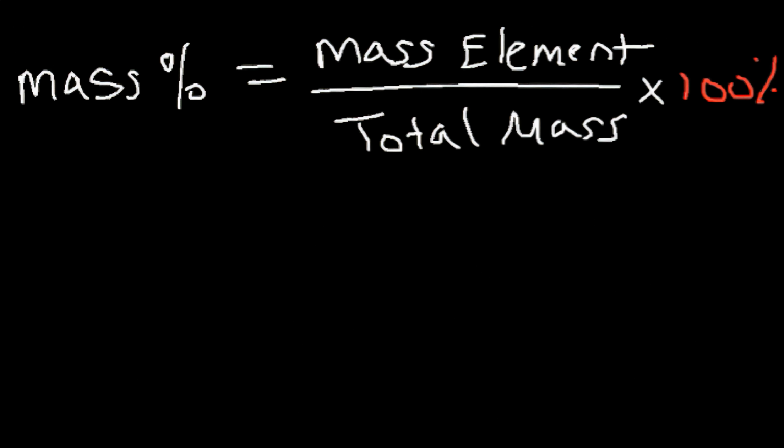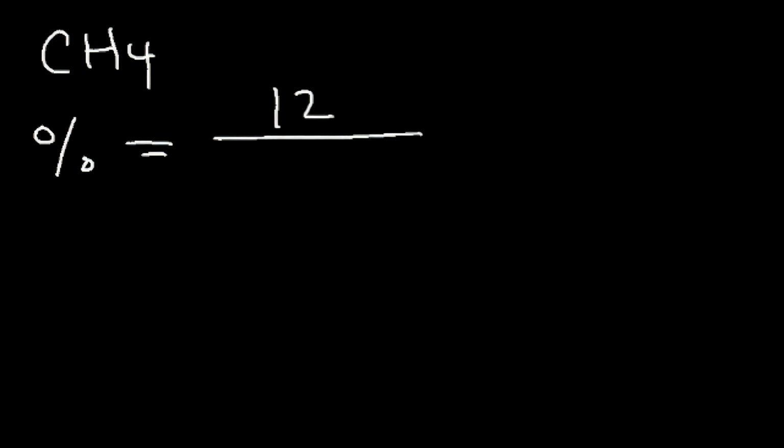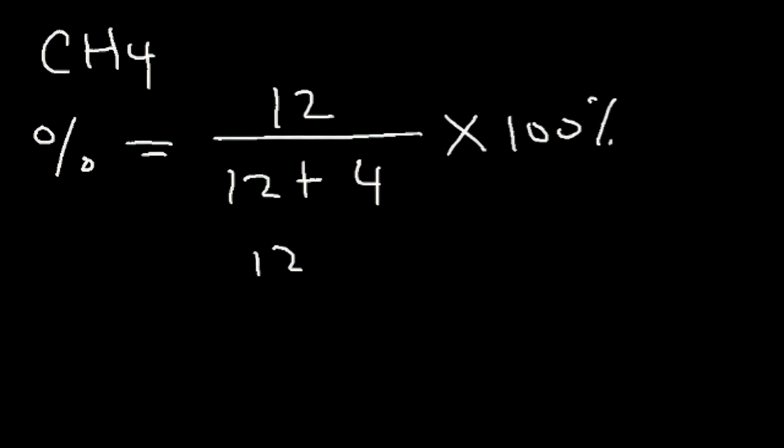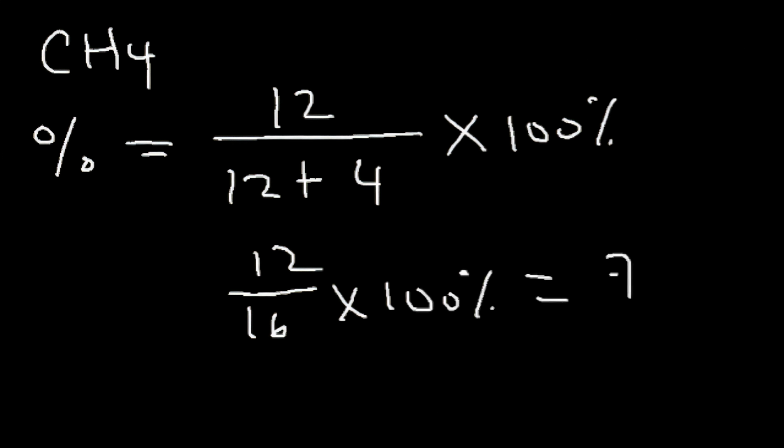So for example, let's say we want to find the mass percent of carbon in methane. The atomic mass of carbon is 12. Now the total atomic mass is the mass of carbon plus the mass of the 4 hydrogen atoms. So it's 12 out of 16 times 100%. And so you're going to get 75% carbon.